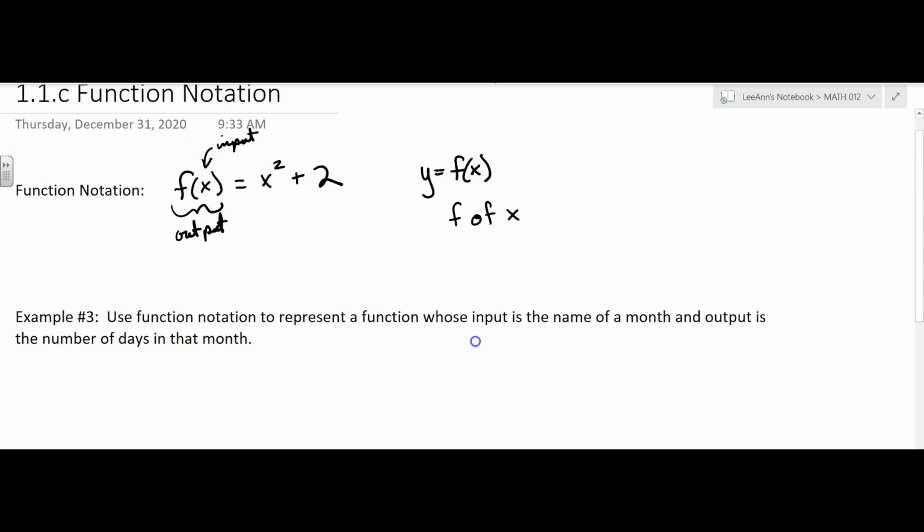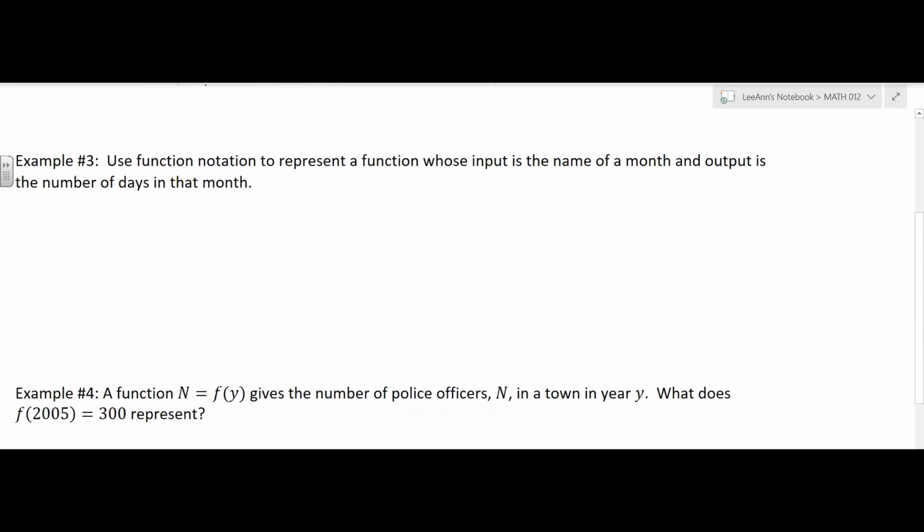All right. So use function notation to represent a function whose input, okay, so the input is the name of a month. So we're going to need a variable for the name of a month. So maybe we'll use n for the name of a month. And the output is the number of days in that month. Now I want my n to be the number of days.